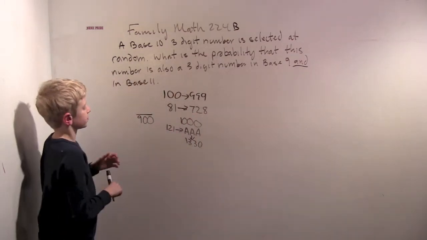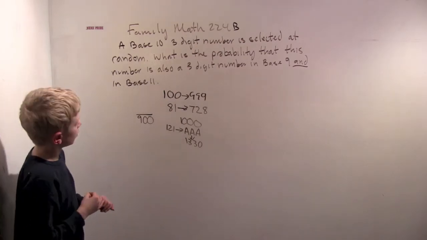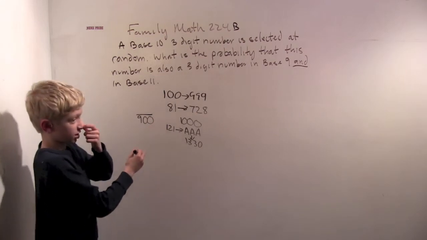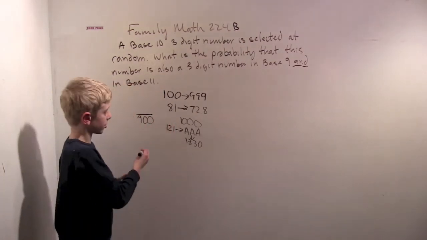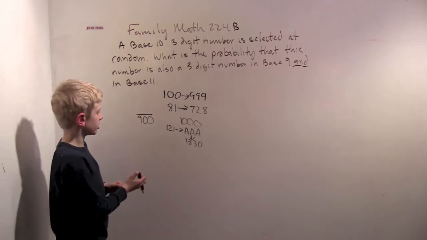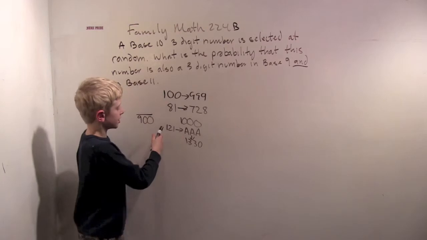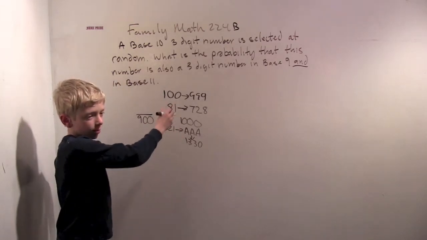Okay. Cool. Good list. And then the first number that satisfies this is 121, because this is the start number of the highest base that we have, so it's going to work for all the other bases.